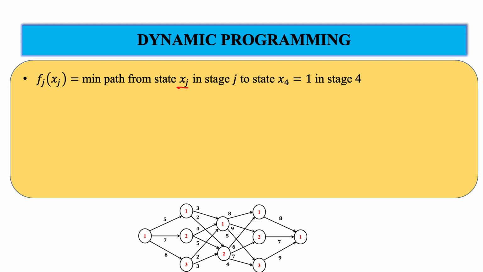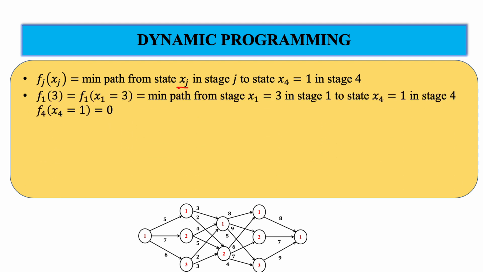Suppose you take the example f1(3): j equals 1 is stage 1, and in stage 1 you have to check the third state, x1 equals 3. So that is the minimum path from this to the final state, and that is what you have to find.